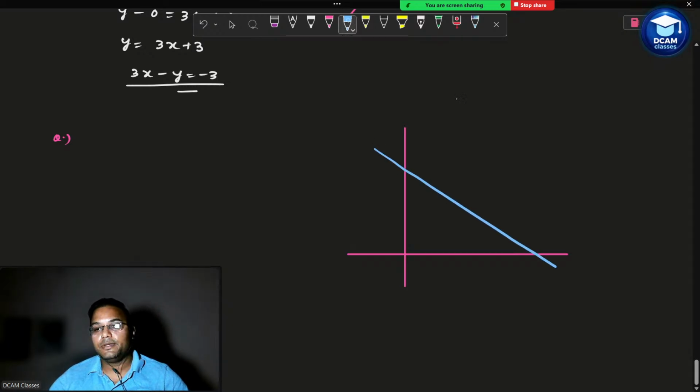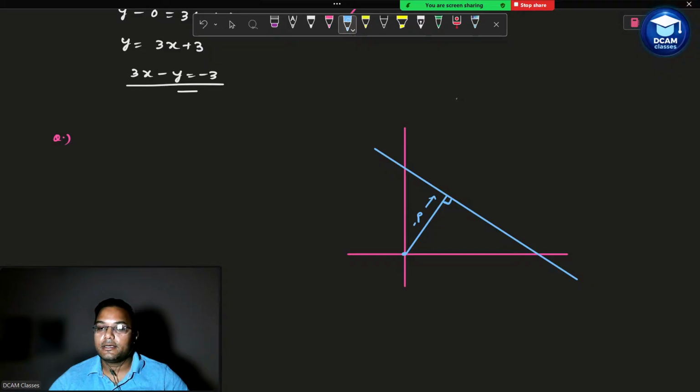You have to give me the equation of this particular blue line in which the length of perpendicular from the origin to this particular line is p.